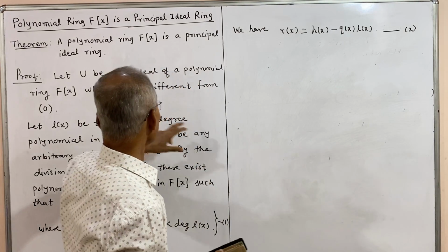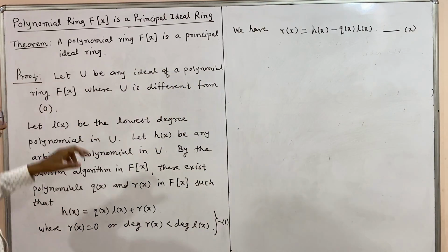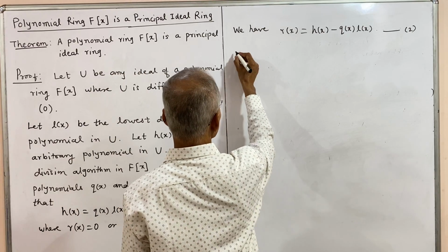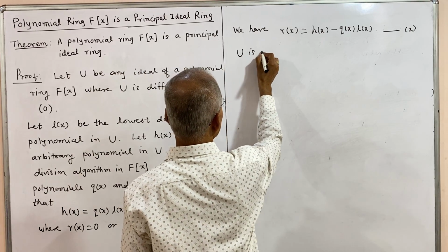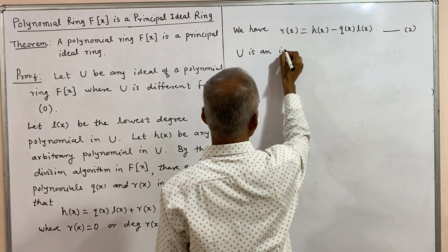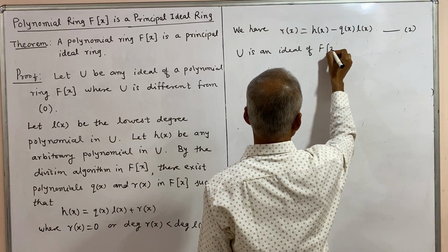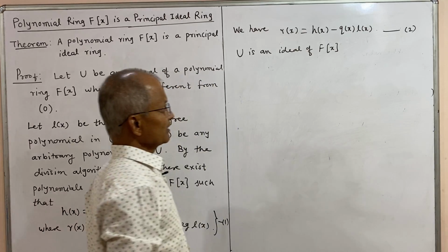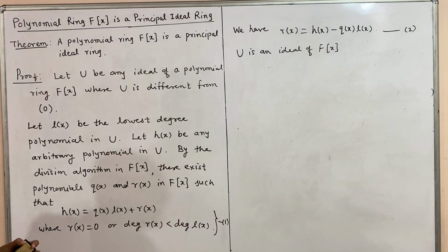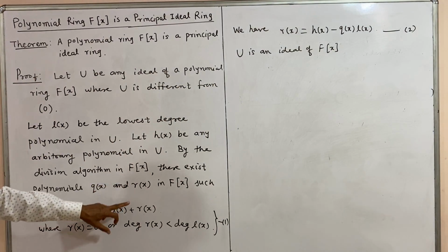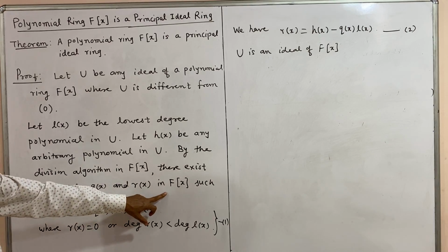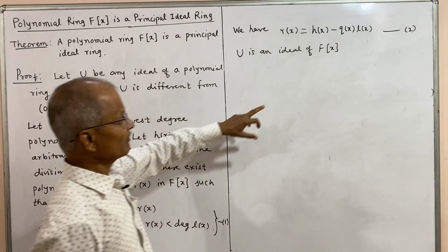U is an ideal of f of x, and we have q of x is in f of x. See, q and r in f of x, and what about L of x?